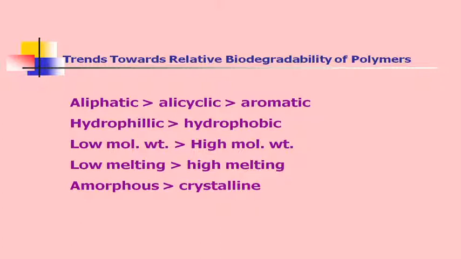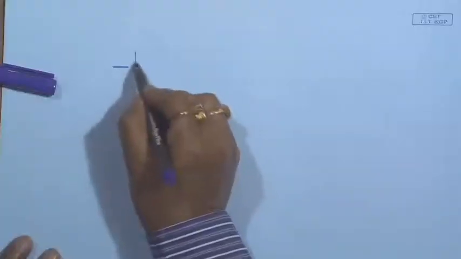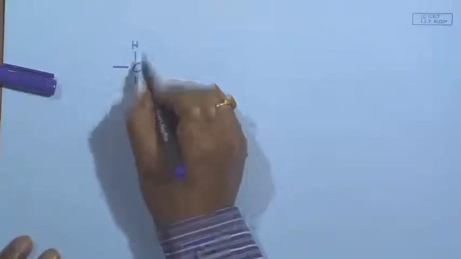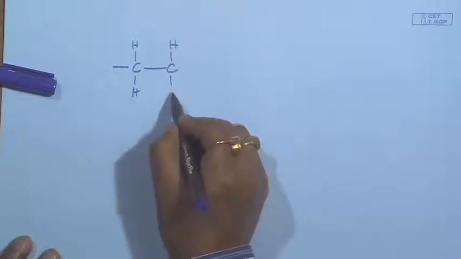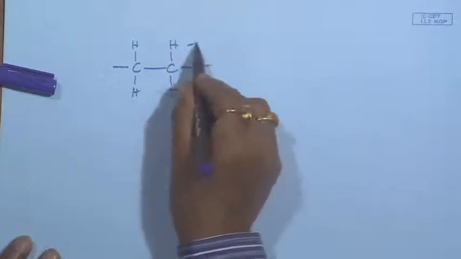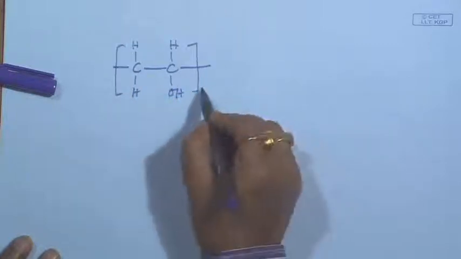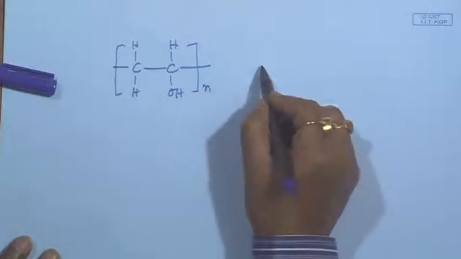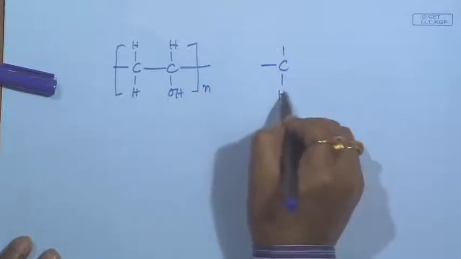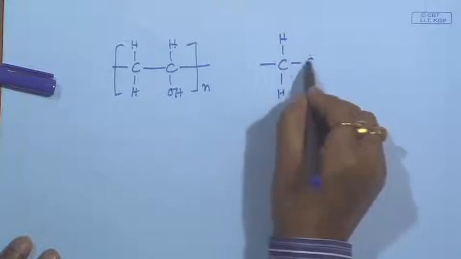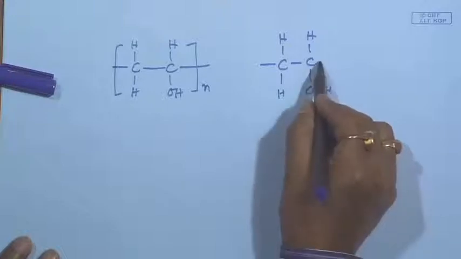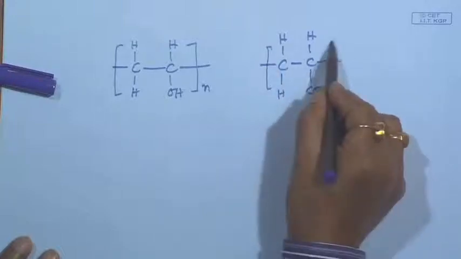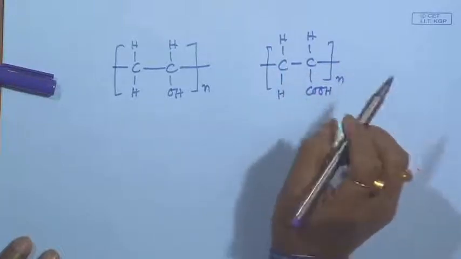For example, polyvinyl alcohol is a hydrophilic polymer. This is polyvinyl alcohol. It dissolves in water, it is a water soluble polymer, and it is degradable. Similarly, a polymer like this, polyacrylic acid, is again hydrophilic, and this is also biodegradable.